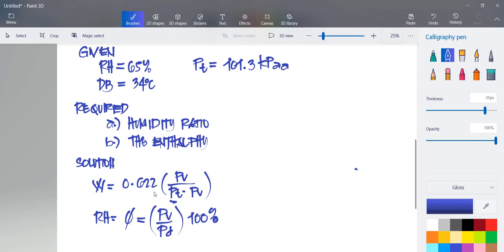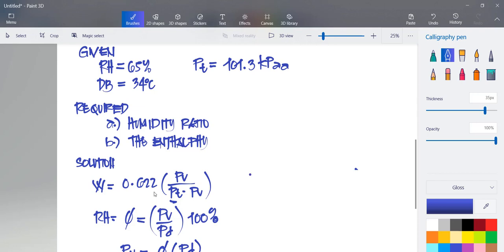Now deriving that one, in order to get the partial pressure of water vapor, we can derive that to PV. That will be relative humidity times the saturation pressure of water vapor. So yun na lang, which is such a PG, yung wala pa tayong value, no?